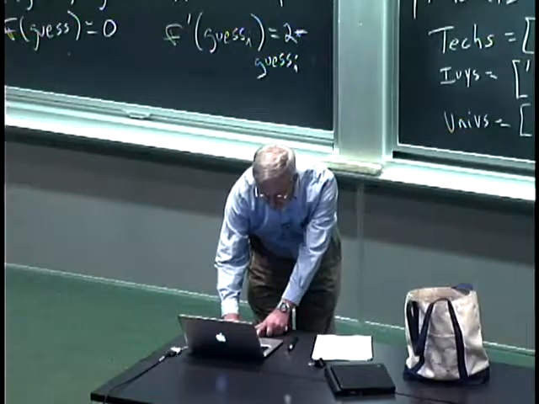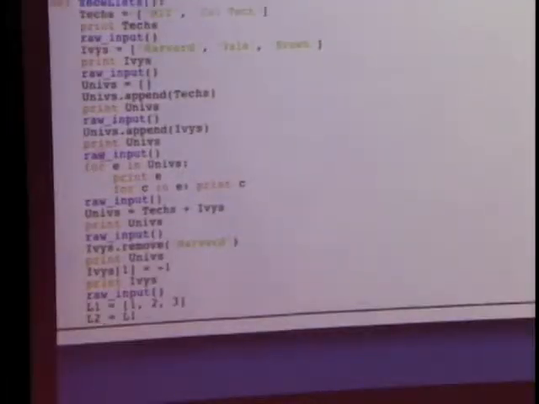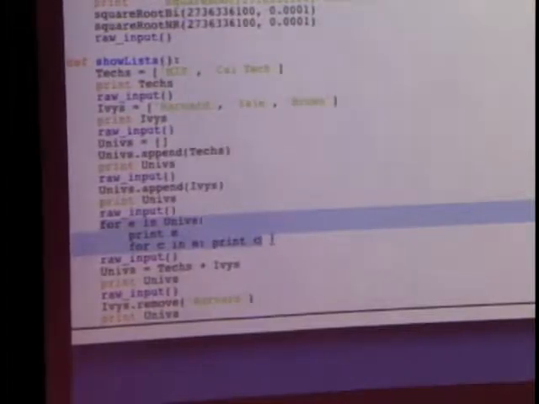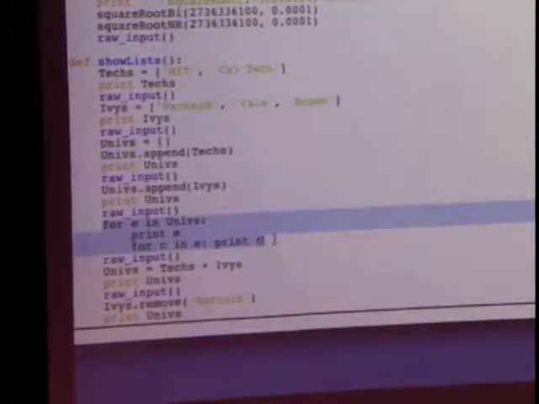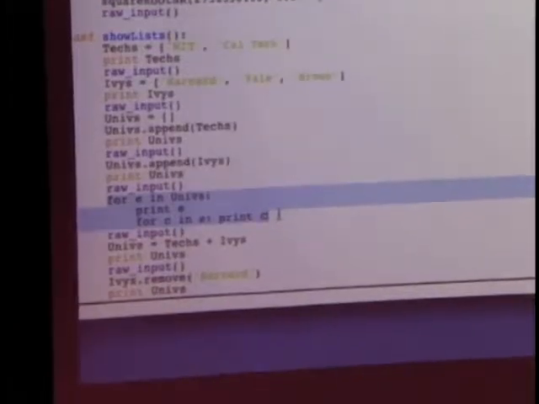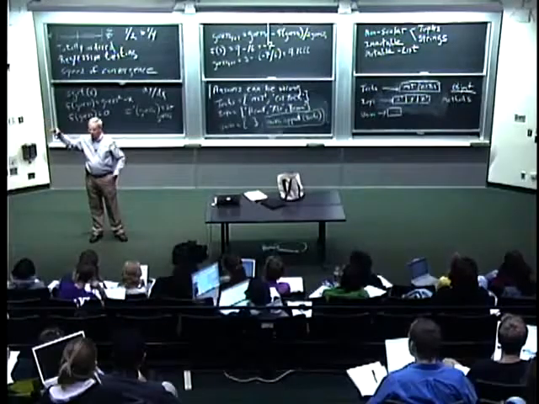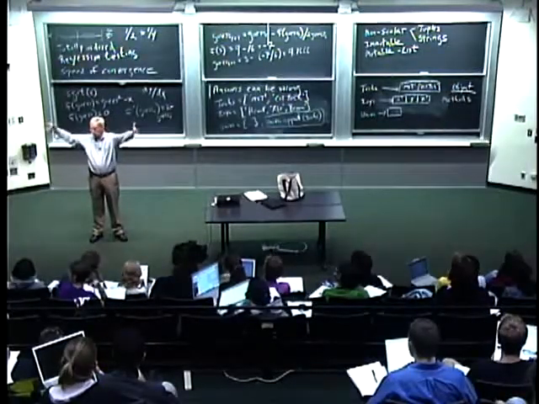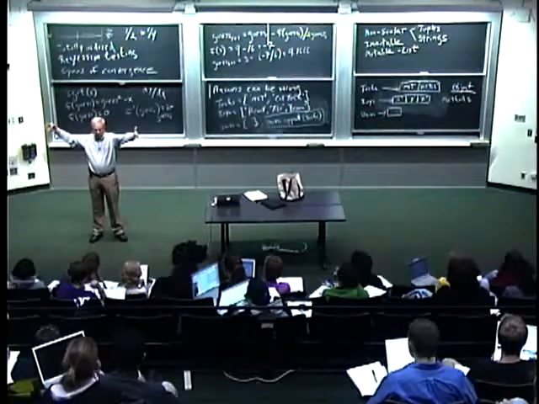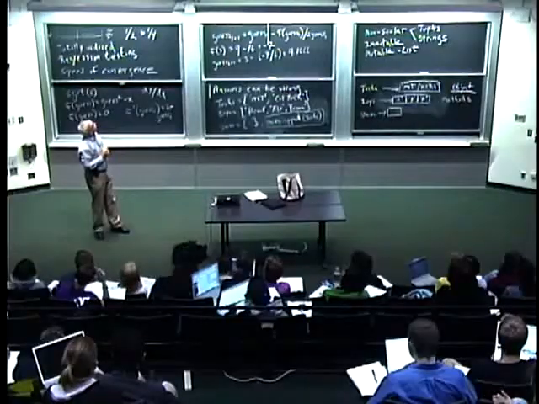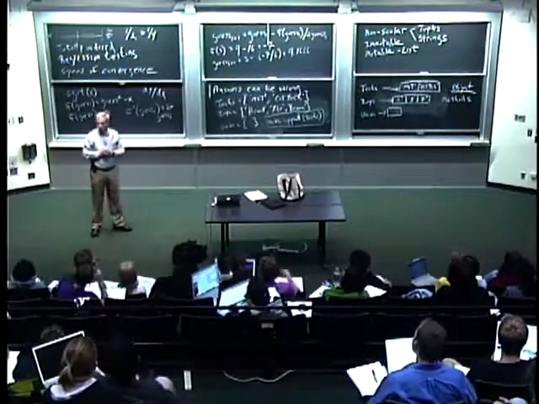Well, just to see that we know what we're doing, let's look at this code here. I've written a little for loop which is going to iterate over all of the elements in the list. So remember before we wrote things like for i in range 10, which iterated over a list or tuple of numbers. Here, you can iterate over any list. And so we're just going to take the list called Unevs and iterate over it.